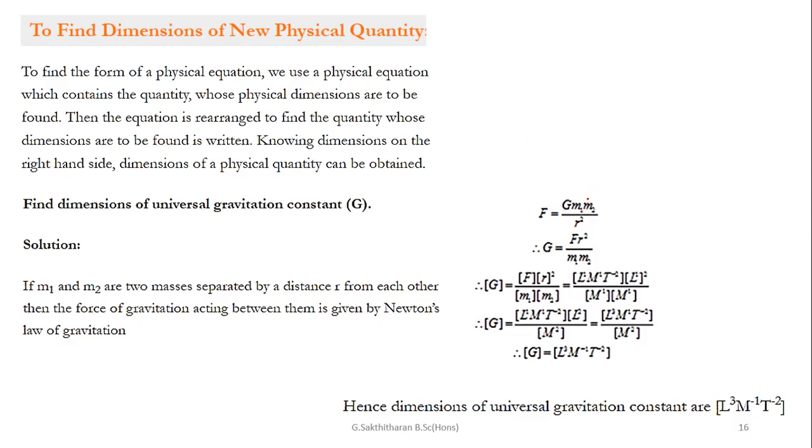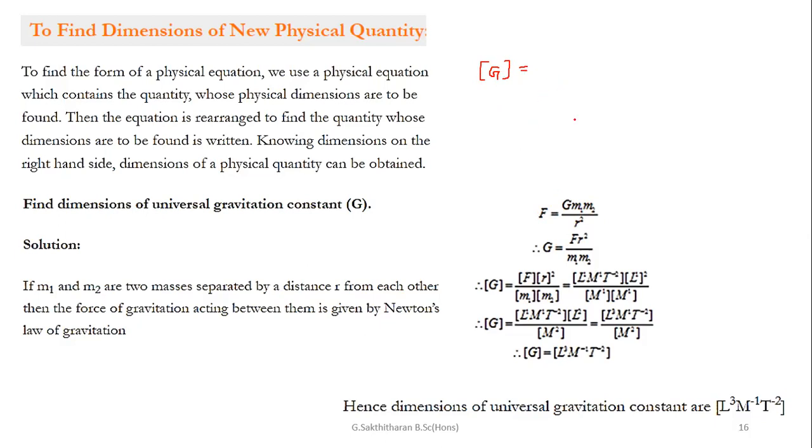Here m1 and m2 are masses, r squared is the length squared, and F is the force. So here we are going to find the dimensions of the gravitational constant.